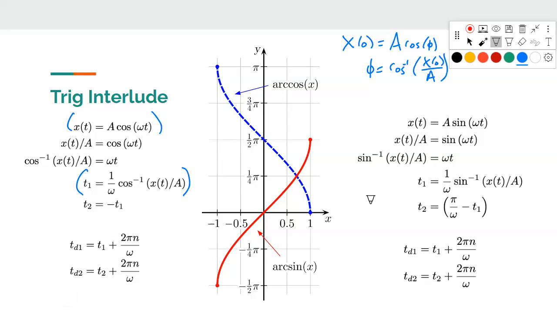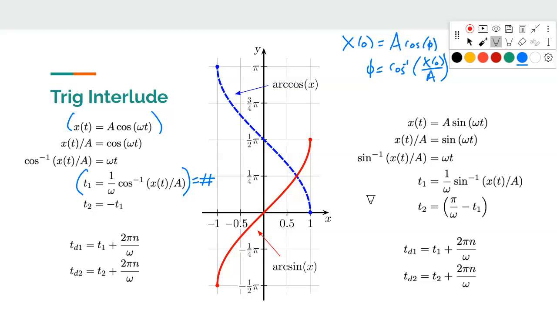And when you plug this into your calculator, you will get some number here. And this is where the graph in the middle comes into play. So you can see this blue dashed line. This is the inverse cosine, sometimes called arc cosine function. And the range, so the outputs that it can give you, are only positive numbers, from 0 to pi.